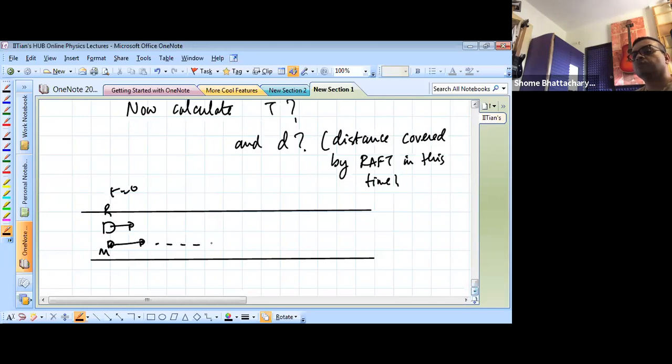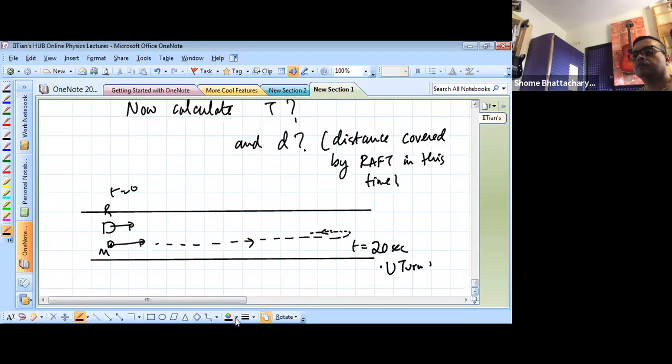Then as the motorboat keeps going, it takes a U-turn. This it does at 20 seconds. At 20 seconds, it takes a U-turn. And then comes like this.